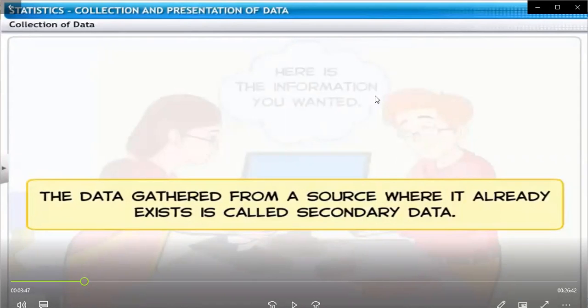Such data is already gathered, and you are gathering it from a pre-stored source. It can be a website, or an organization which is collecting all that raw data and forwarding it wherever it is required. Such data collection is called secondary data, which is already stored previously, right?